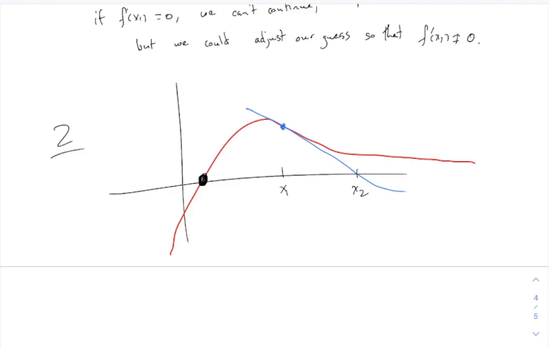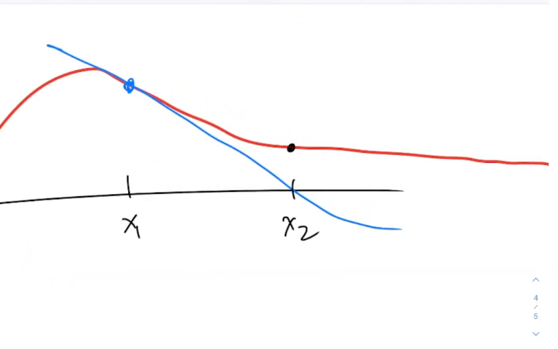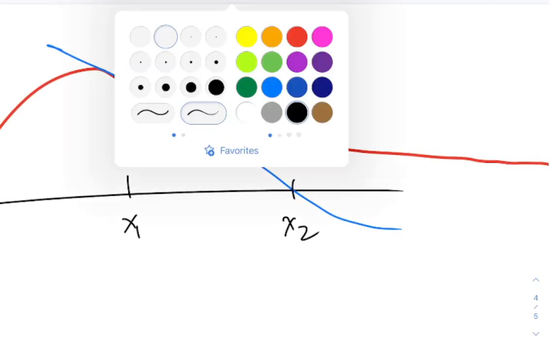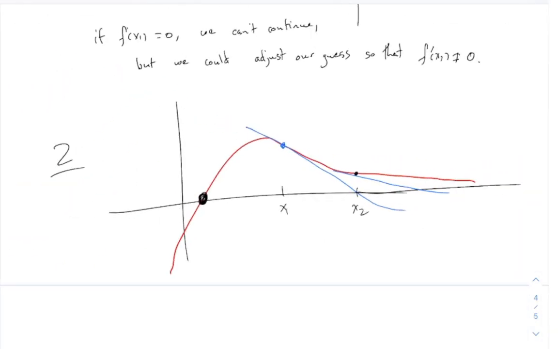Typically if your estimation is not good enough yet, you do the procedure again. What if I did it again starting at x2? Well, now I would go up to the curve there, draw the tangent line again, and now it's like this, right? It's kind of a bogus picture, but I hope you get the idea of what I'm saying.